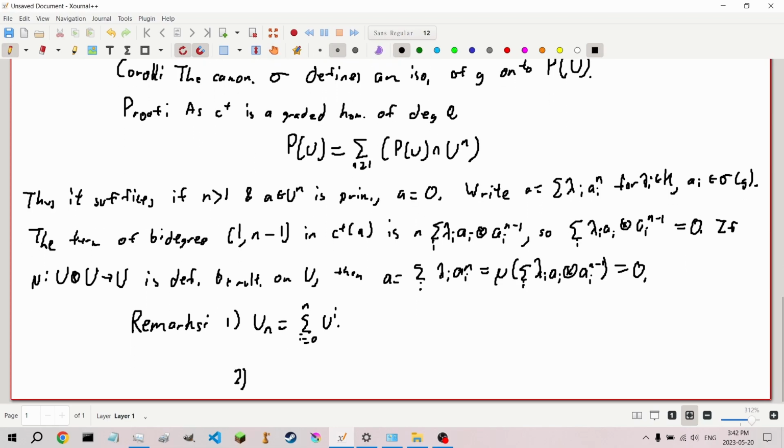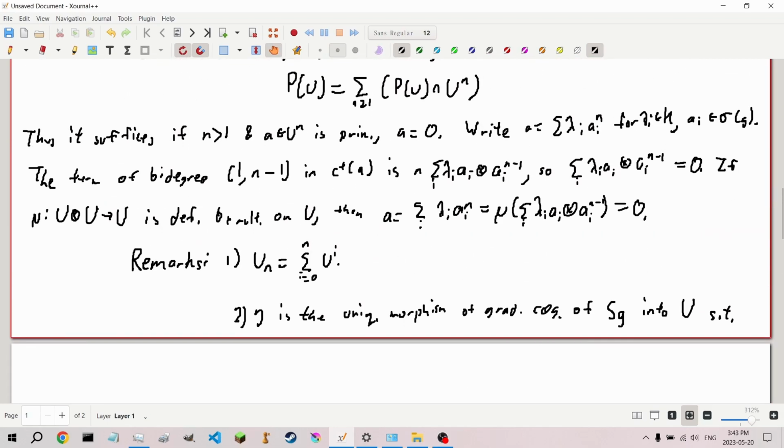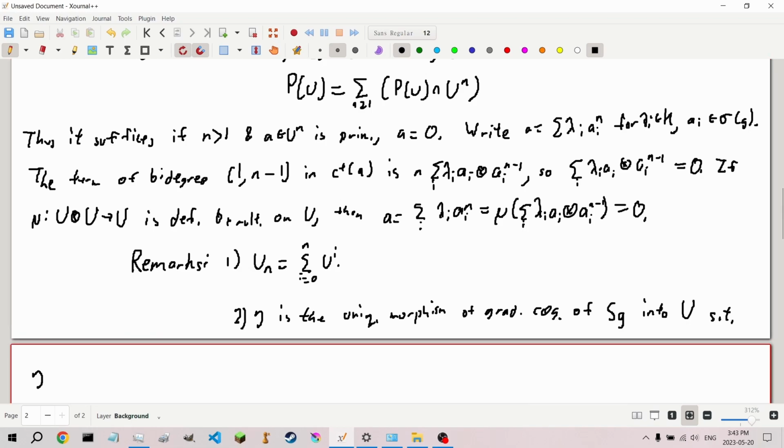Secondly, we see that eta is the unique morphism of graded cogebras of a symmetric vector space of n into U such that eta of 1 is 1 and eta of x is sigma x for all x in G.